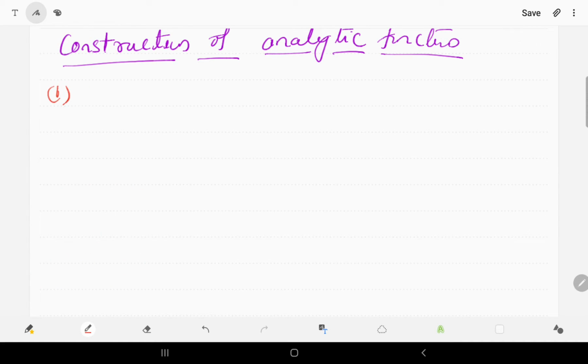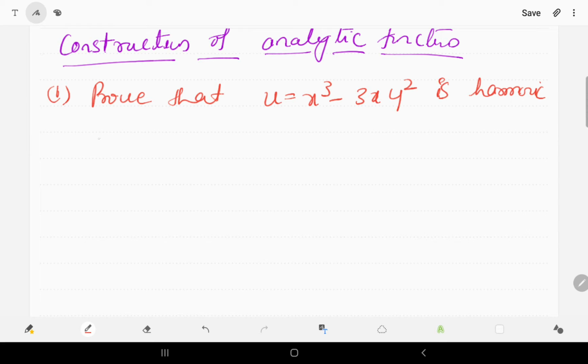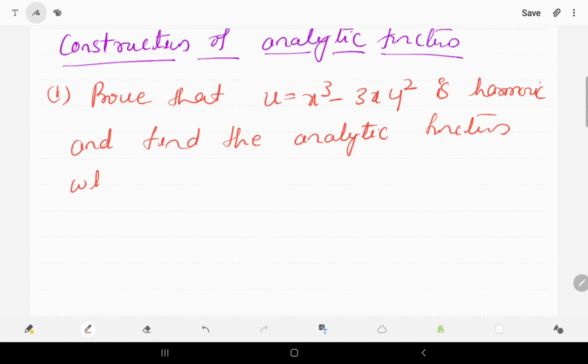First problem. Prove that u equals to x cube minus 3xy square is harmonic and find the analytic function whose real part is u of xy.